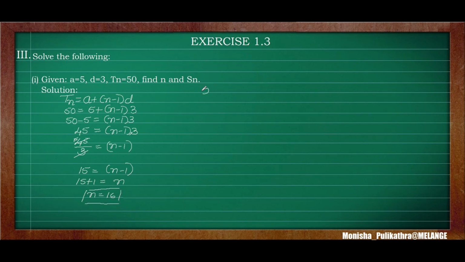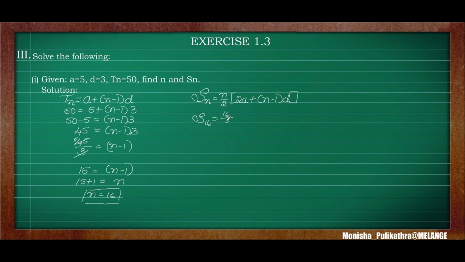So next we need to find out Sn, that is the sum of n terms. The Sn formula is Sn is equal to n by 2, 2a plus n minus 1 into D. So in the place of n, we need to write 16, which we have already found out.